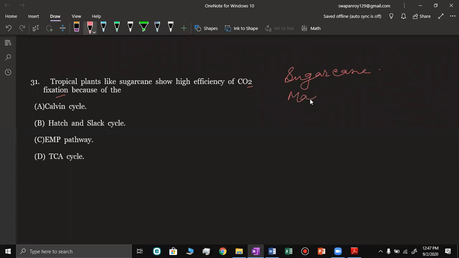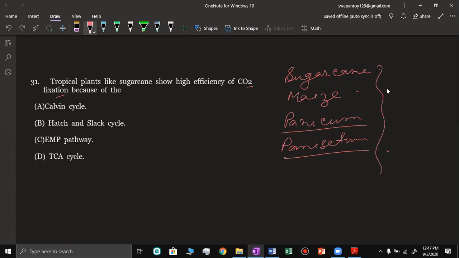Sugarcane, maize, panicum, pennisetum, and some members of Amaranthaceae. These are some of the important C4 plants. All these are tropical.